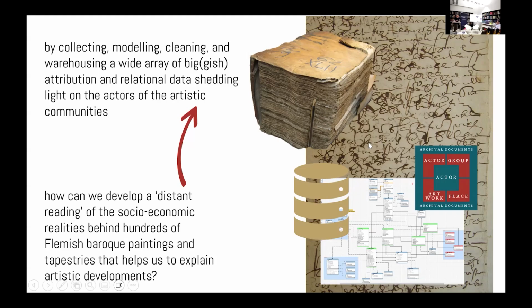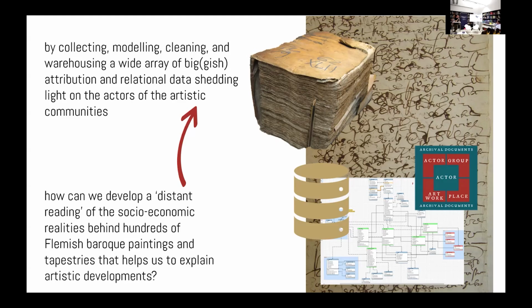Ambiguous, conflicting, missing, that kind of data is also big data, right? Attribution data, relational data, shedding light on all the people in the artistic communities in Antwerp and Brussels in the 17th century.